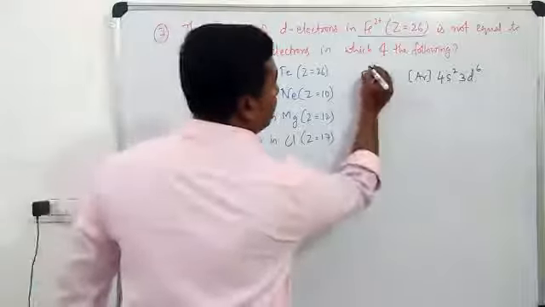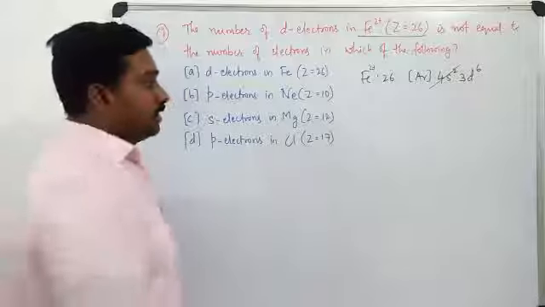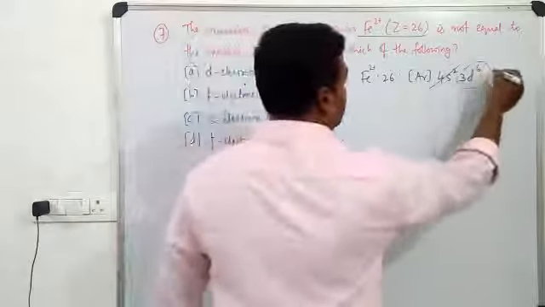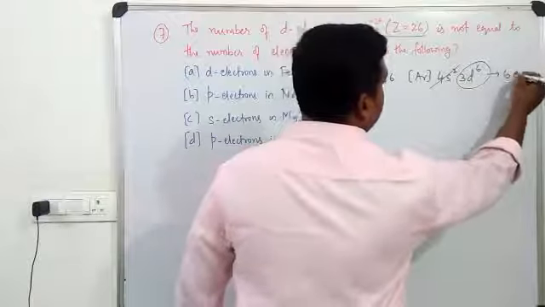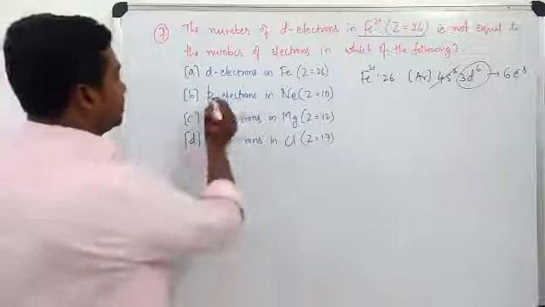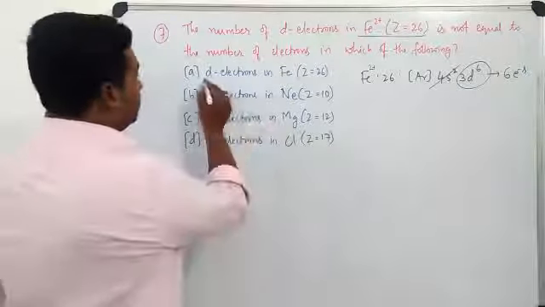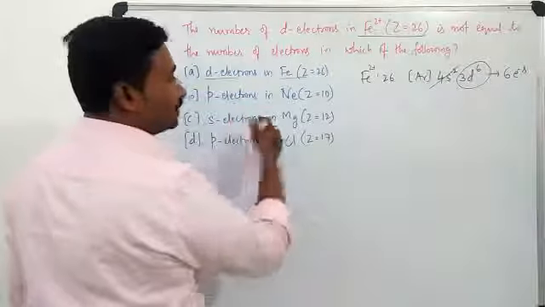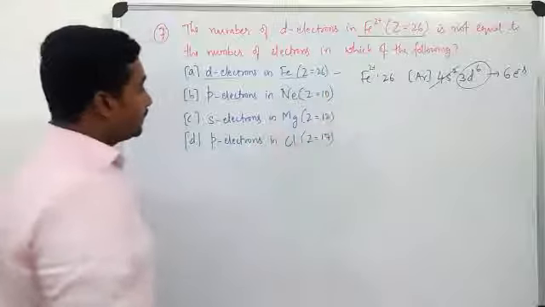Now since this is Fe2+, I have to remove 2 electrons from 4s orbital, and therefore I have totally 6 electrons in the d orbital. This is the d electrons in Fe2+. Now the question is, in which of these are 6 electrons not present? D electrons of iron, once again it will be same, 3d6 only, so it is equal.